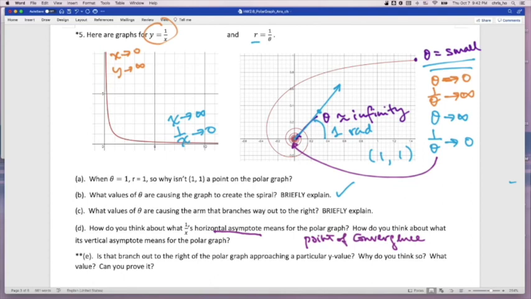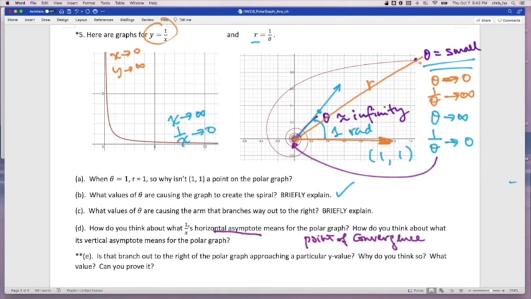When the angle theta is close to 0, this angle right here, that means my r gets to be super, super large. In fact, based on this diagram, the angle doesn't even have to be nearly 0, but my r is already getting pretty large.